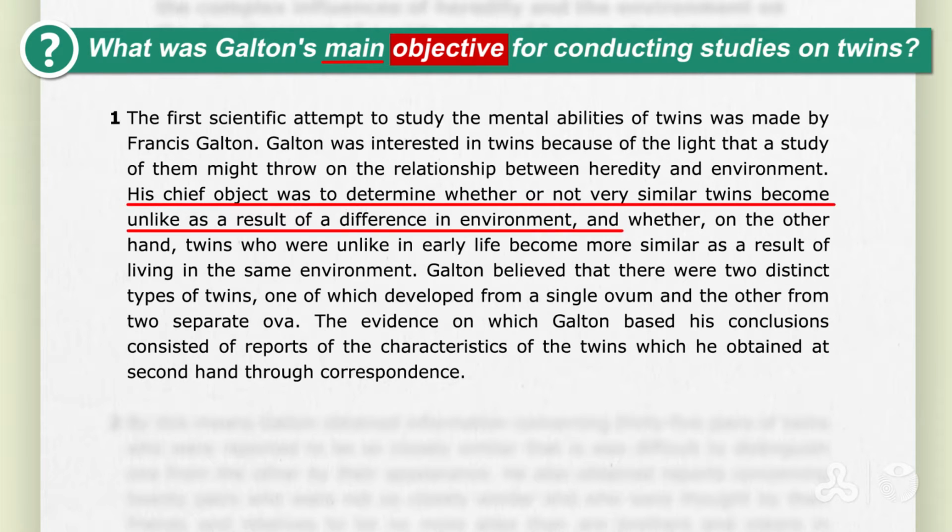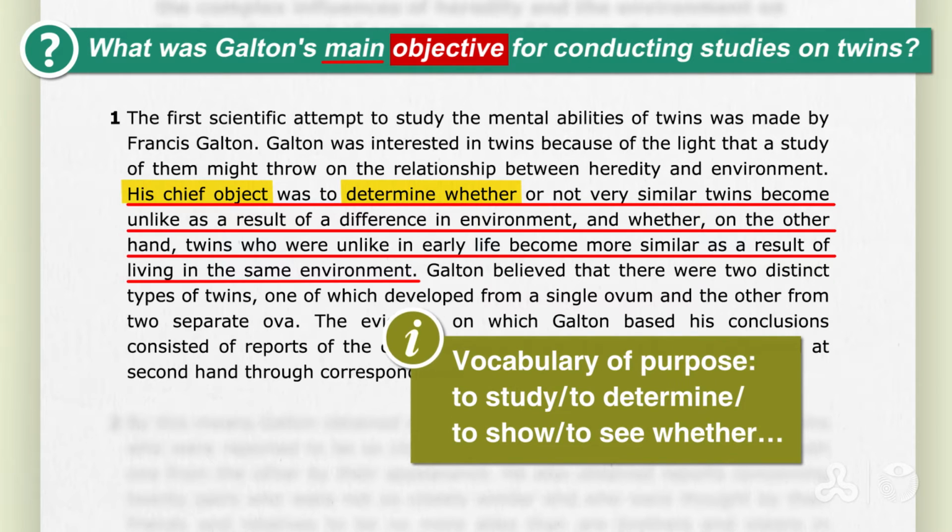And I'm sure that you noticed in the third sentence, it begins with his chief object. Okay? His chief object, המטרה העיקרית שלו. של מי כמובן? של גלטון, כי עליו דיברו במשפטים הקודמים. Okay? So his chief object was to determine whether, לקבוע האם. גם זה שפה של מטרה.